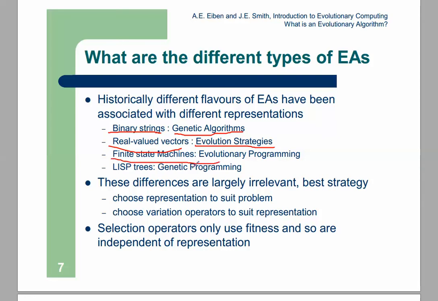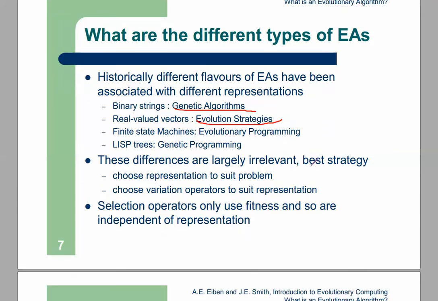Finite state machine and the list tree genetic, EP and GP, are two other types of EA that are not traditional today, and they are used for some special applications, and these two types of EA are not as popular as GA and ES. These are the two most popular types of EA.